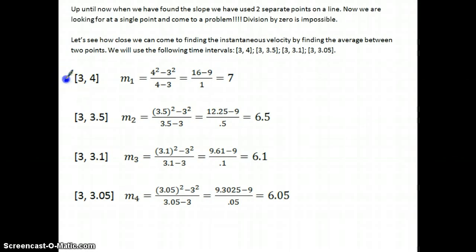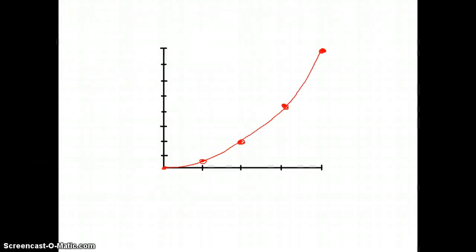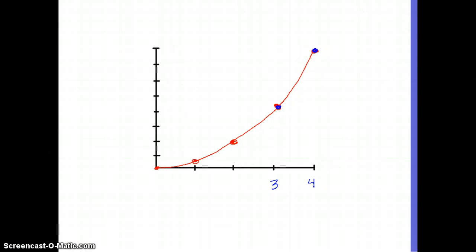So let's first look at the average rate of change between 3 and 4 seconds. So we go over here, and this represents 3 and 4 seconds here. And so I want to figure out what's the rate of change between these 2 points here. And literally it's this line that goes through these 2 points.